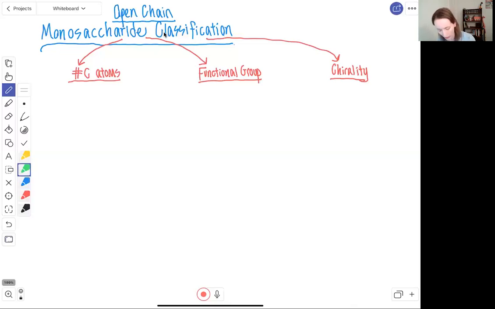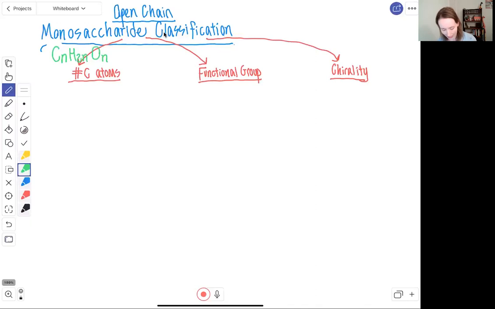Now, remember, as we get started, that when we talk about a monosaccharide, the open chain monosaccharide has a specific formula that it follows. That formula is CnH2nOn. So the number of carbon atoms in the molecule we can use to directly determine how many hydrogens and oxygens there will be in that open chain monosaccharide.